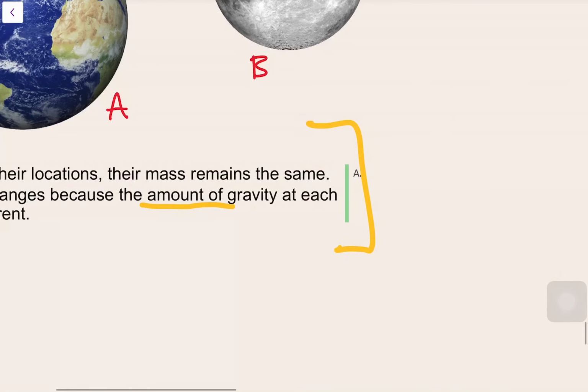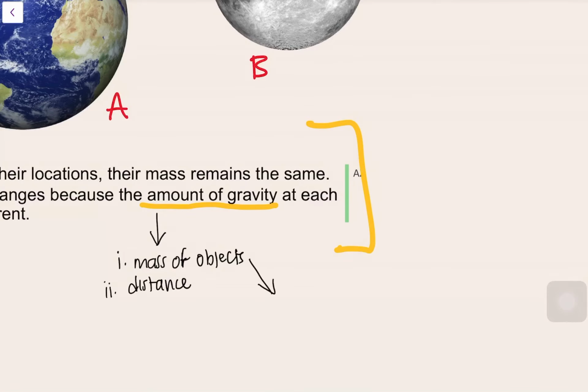And what do we learn about what affects the amount of gravity? So the amount of gravity is affected by the mass of objects and also distance. So we see here Earth has greater mass, therefore greater gravitational force.